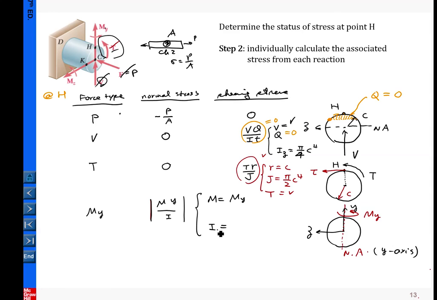So I is I_y. And what is y? y again is the distance from the point to the neutral axis, and H is exactly located on the neutral axis. So if we want to determine the stress at point H, y equals 0, so this one equals 0. Now we can move on to Mz.